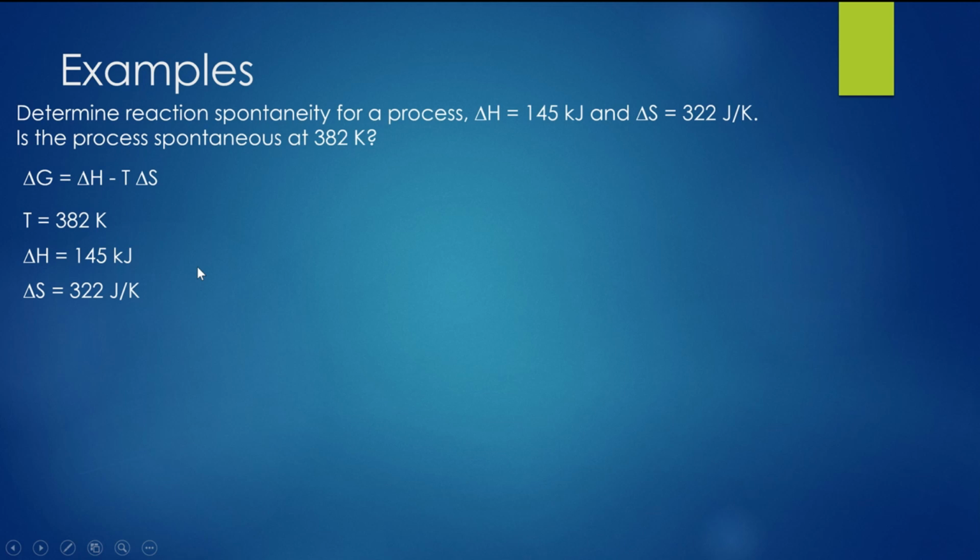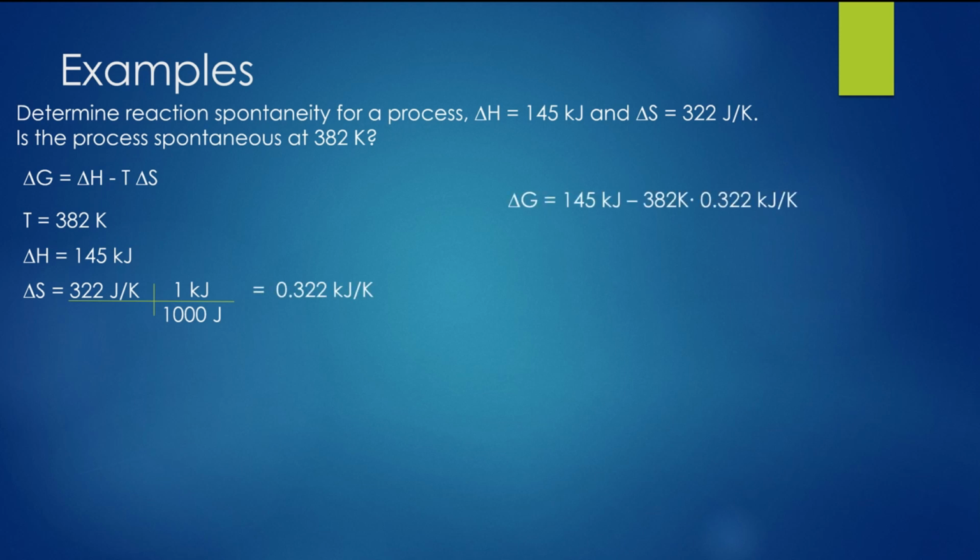What we are going to have to convert is either our delta H, which is listed in kilojoules, or our delta S, which is listed in joules. We're going to have to make sure that those two units match up. To be perfectly honest with you, it doesn't matter which one you convert. I went ahead and converted my delta S from joules into kilojoules.